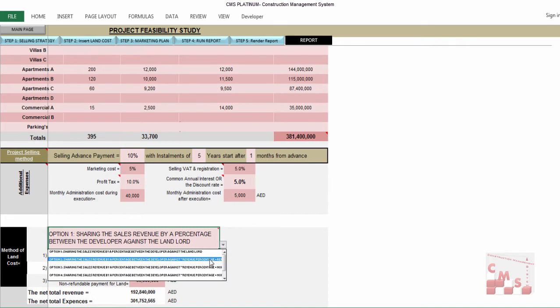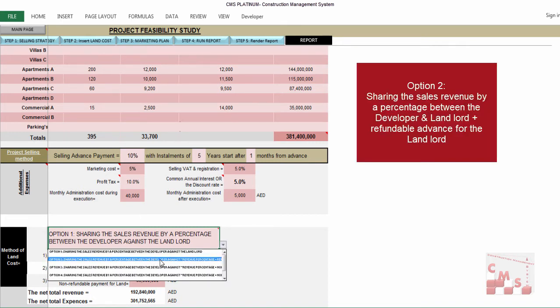The second option is to share the revenue between you as a developer and the landlord, and at the same time you will give him an advance as refundable. In this case, the landlord will agree to this sharing, but he will ask you in advance for some amount, and it will be deducted from his revenue amount.